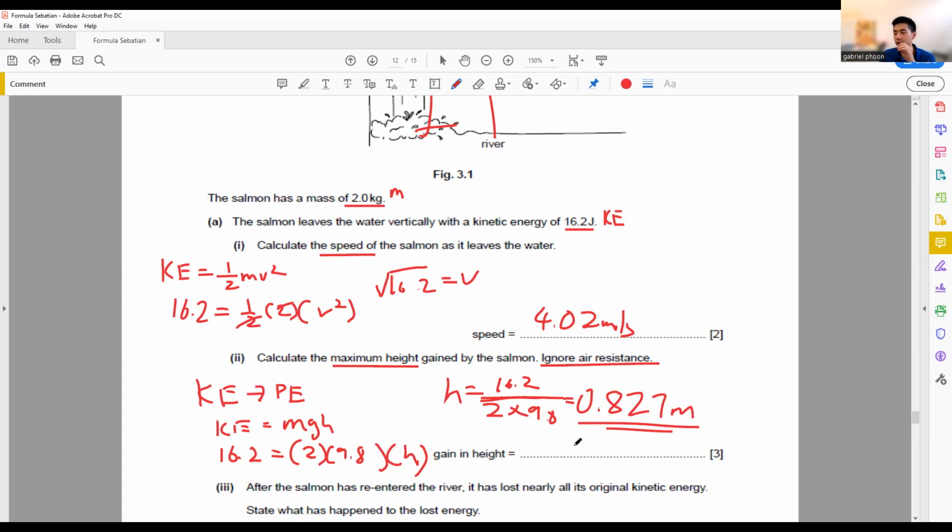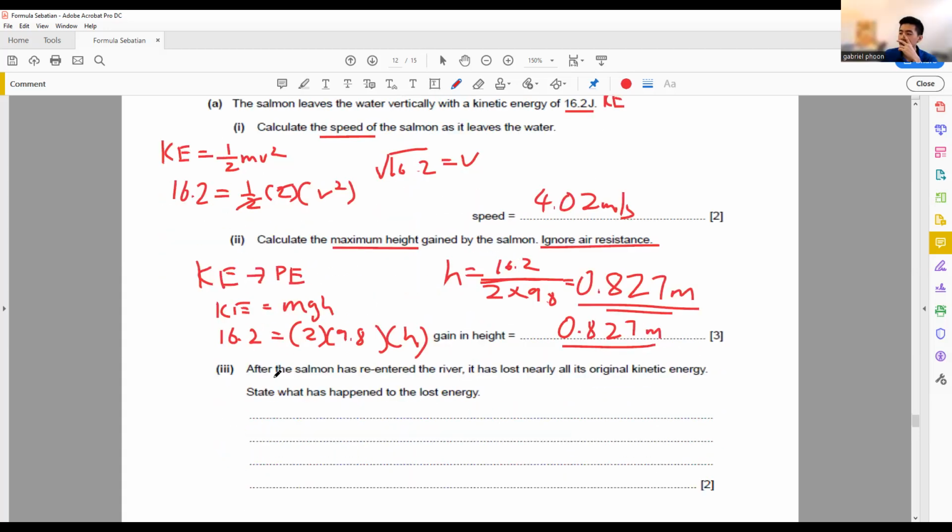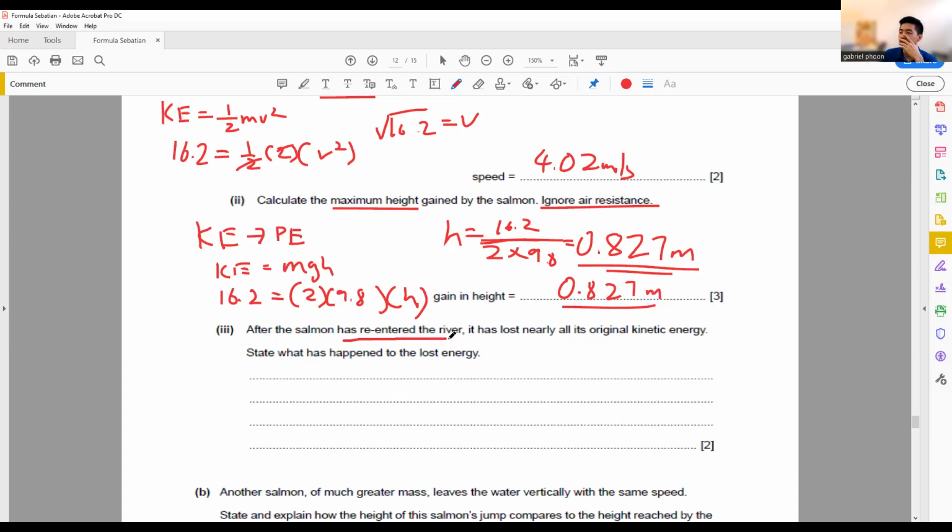Okay, Teresa, do you manage to get this? Yeah. Okay, good. Then after that, it says that after the salmon re-enters the river, it has lost all of its original kinetic energy. State what happens to the lost energy. In this case here, obviously you're supposed to mention that it was lost to the surroundings, right?